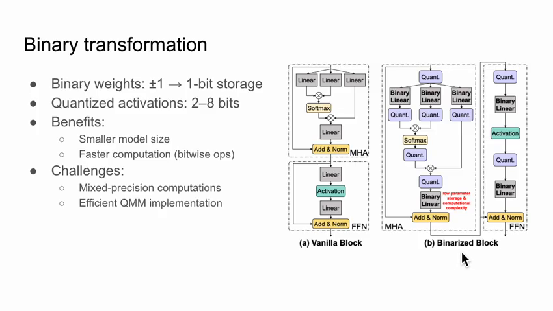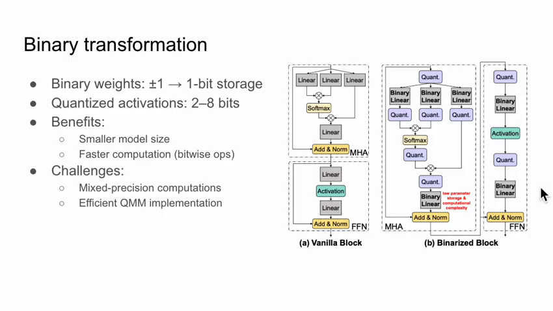On the other hand, in the binarized block, the weight is 1 bit, and for the activation it's typically 2 to 8 bit.